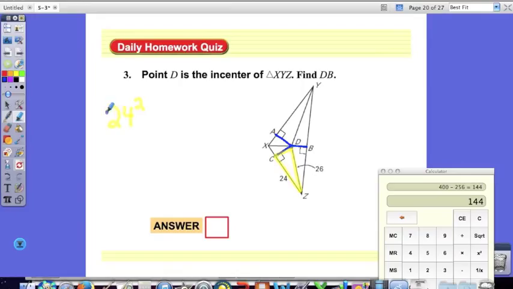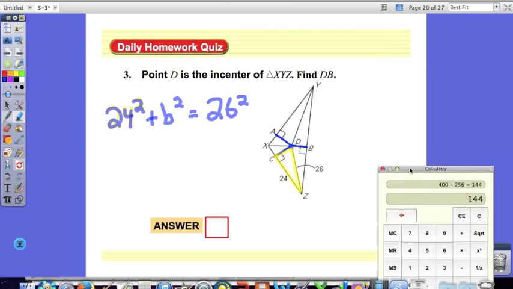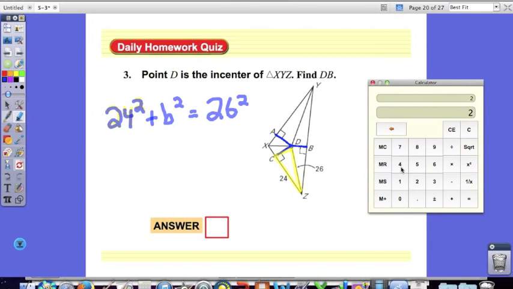I like writing in highlighter sometimes. 24 squared plus b squared equals 26 squared.